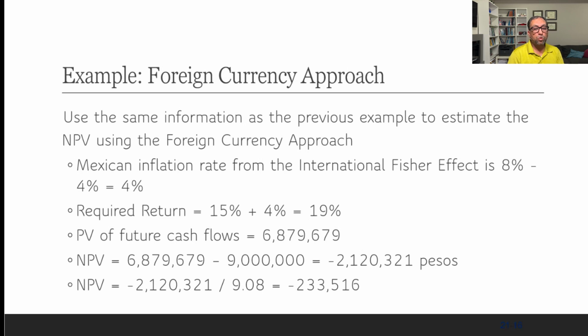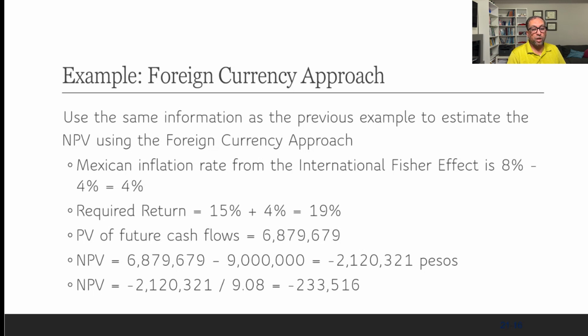So here is an example. Use the same information as the previous example to estimate the NPV using the foreign currency approach. When we apply the Mexican inflation rate from the international Fisher effect, which is 4%, the required return is 15% plus 4%, which is 19%, and this is the present value of the future cash flows.